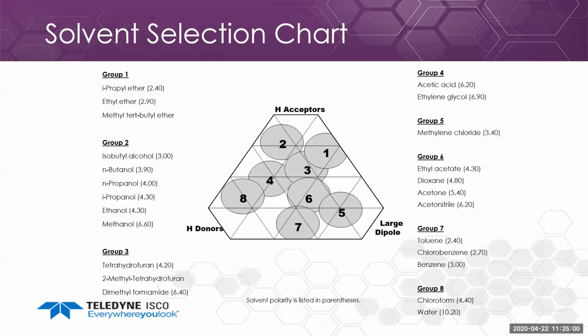You can see group 1 there is your ethers, group 2 is your alcohols, group 3 is your THF and DMF. Group 4 is some acids and glycols, and group 5 is DCM. Group 6, you start to run into ethyl acetate, acetone, acetonitrile. Group 7 are your aromatics, and group 8 is chloroform and water.